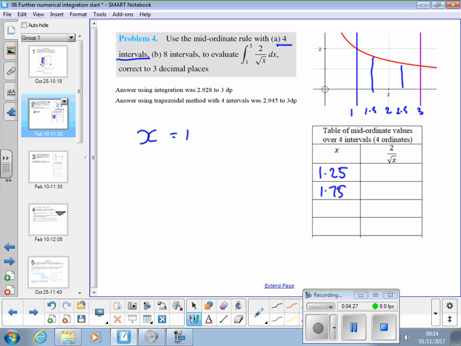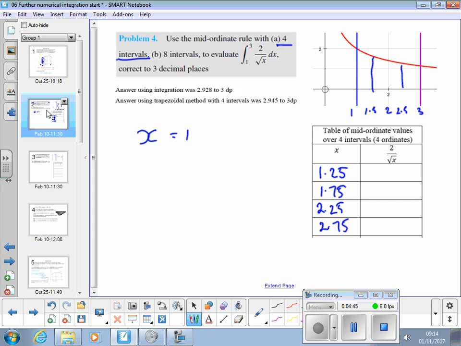And the third, 2.25. And the fourth, 2.75.